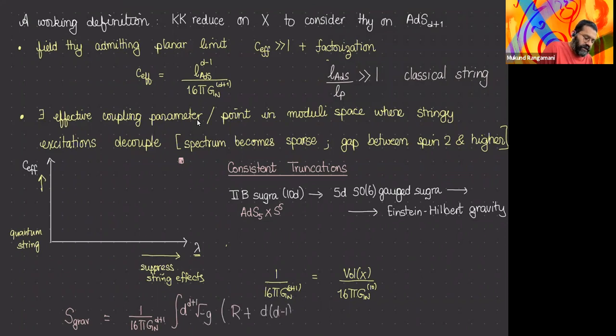And I will set the AdS scale to 1 from now onwards. I won't keep track of it. With some matter terms, depending on what matter you want to study and what truncations you keep, plus 2 sets of terms, which I will explain in the rest of the lecture.